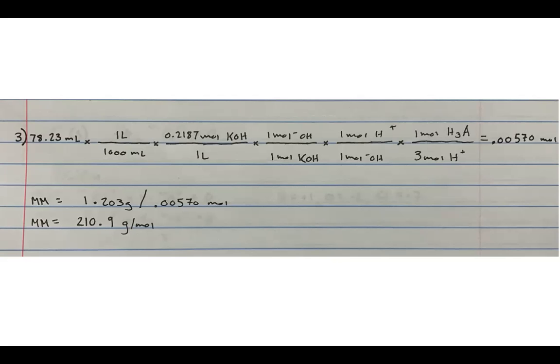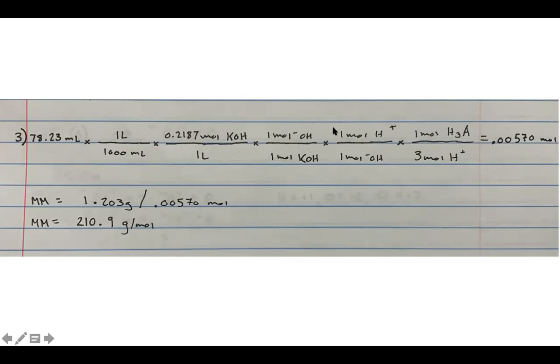So a 0.2187 molar solution just means 0.2187 moles of potassium hydroxide per 1 liter of that solution. Now that we have moles of potassium hydroxide, we convert to just moles of hydroxide, so they're in a 1-to-1 ratio. And now that we have it in terms of moles of hydroxide, we can use our go-to conversion factor.